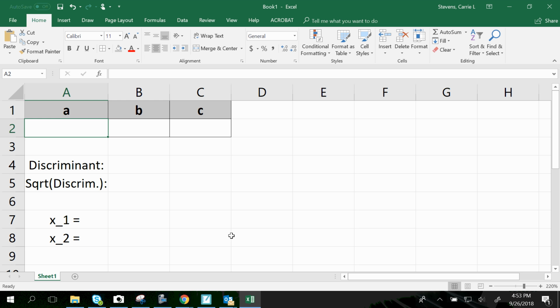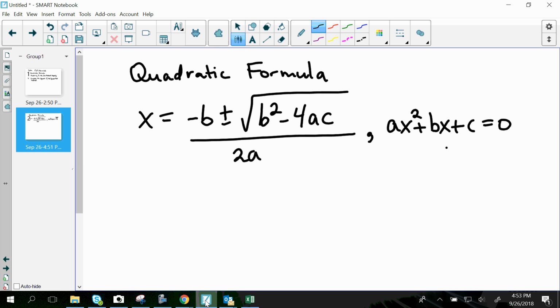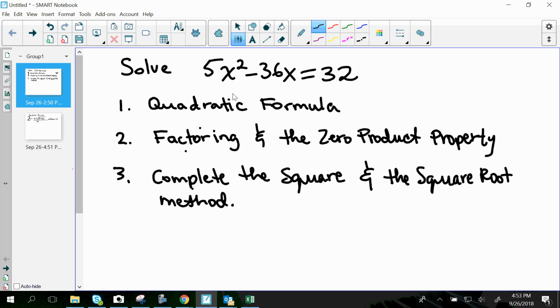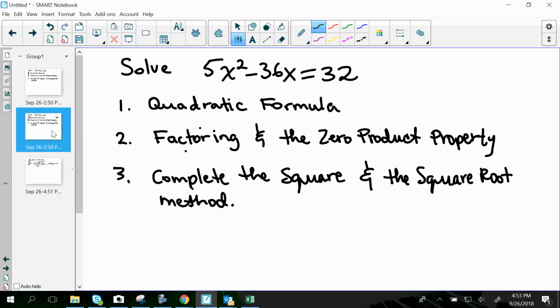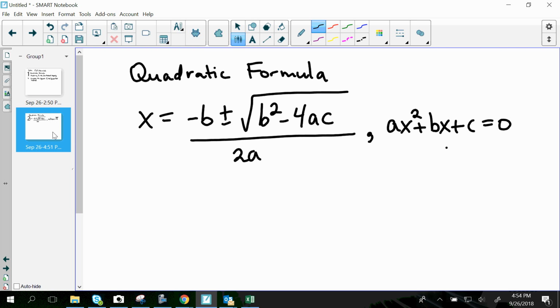Okay, so we had started with this equation, 5x squared minus 36x equals 32. Actually, I can just write it here on this slide. So I'll write it out again.